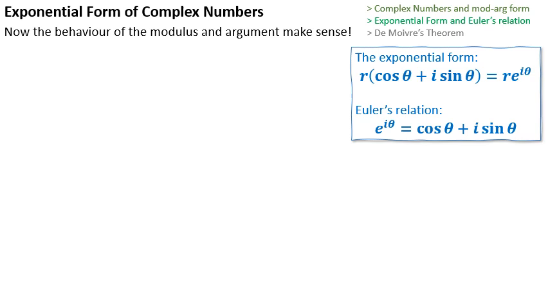Now, a little word of warning, not all the exponential laws for complex numbers work exactly the way you feel like they should necessarily, but the laws for e to the a times e to the b equals e to the a plus b, for instance, and the equivalent one for division, they work just as you would expect. The complexity comes from the fact that many functions that have just a single unique value when we're dealing with real numbers may have multiple different values when it comes to complex numbers. And we'll see that already even with this particular one.